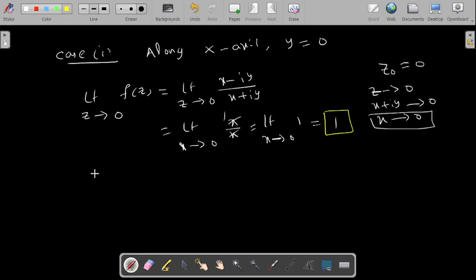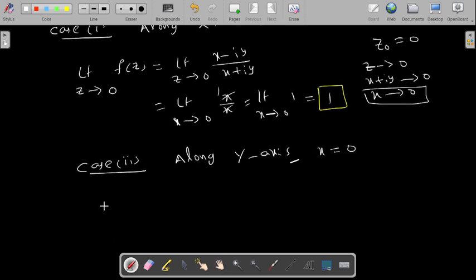Next case 2, along y-axis. Along y-axis means on y-axis x will be 0. Again same thing. Limit z tends to 0, f of z equal to limit z tends to 0.